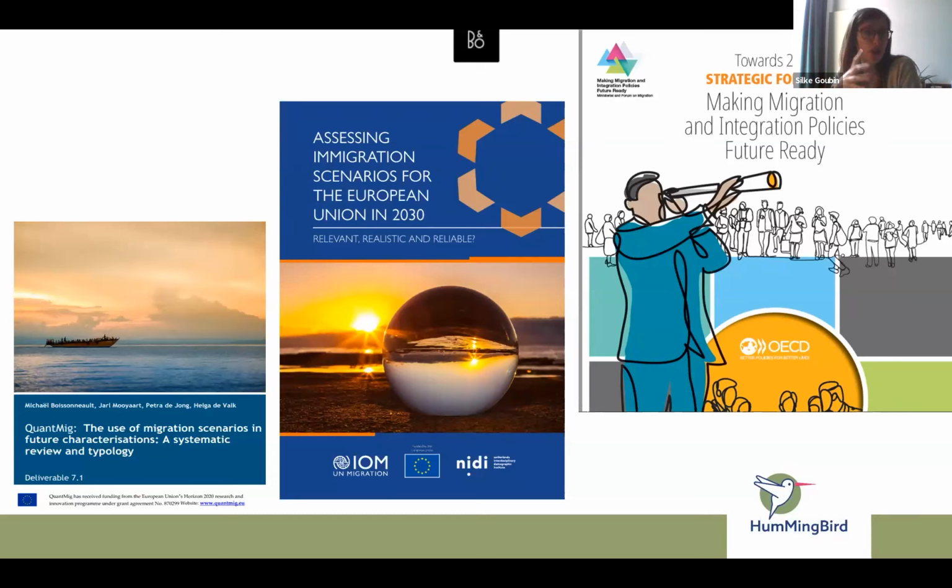And most of the current migration scenarios have been developed, including by us, but in general by policymakers and policy institutes, and they're also usually targeted towards policymakers. And there is hardly any academic literature on those scenarios.